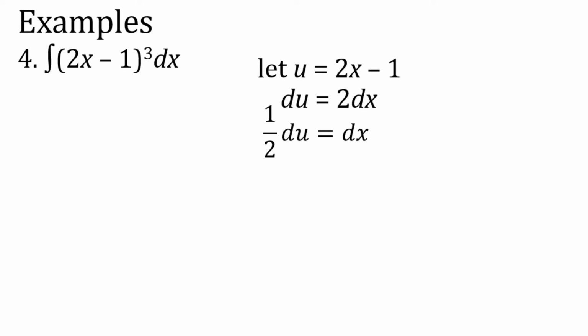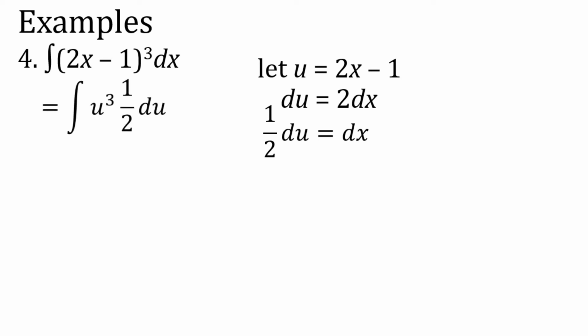So to get dx, let us divide both sides by 2 or multiply both sides by 1 half. So we're going to have 1 half du equals dx.